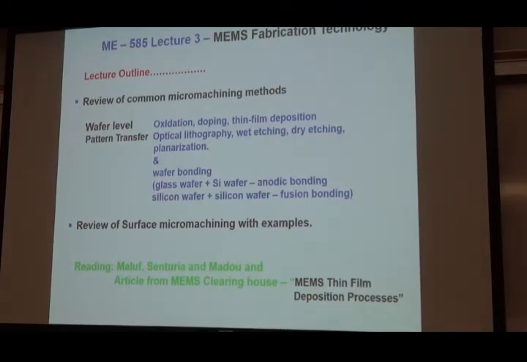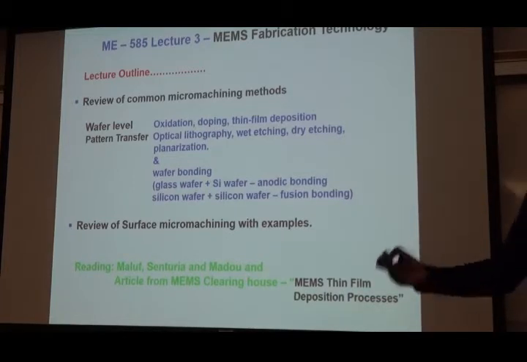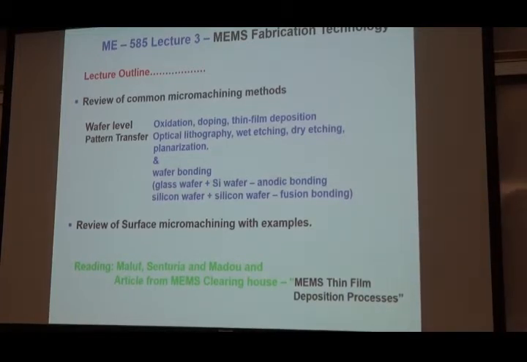We talked, and some of you had even a question on those. Planarization, what does planarization mean? And then wafer bonding. If you have 2 wafers, how do you put them together? Sometimes you make part of the device on one wafer, part of the other device on the other wafer. Eventually you have to merge them. And how do we do that? So we'll talk about those.